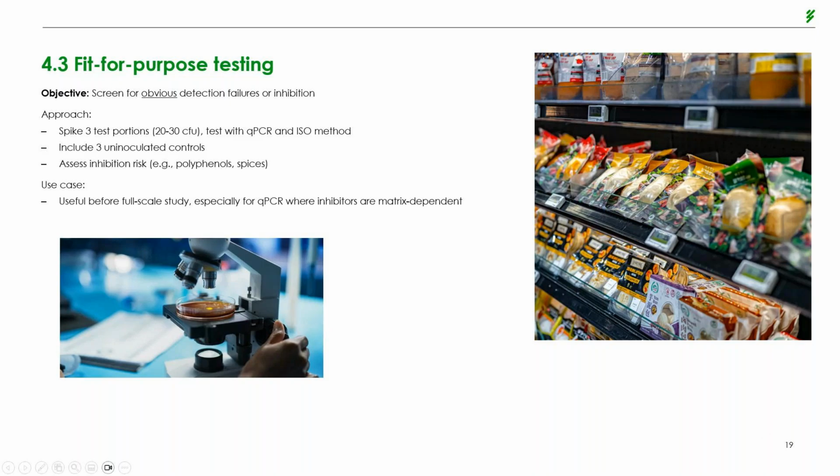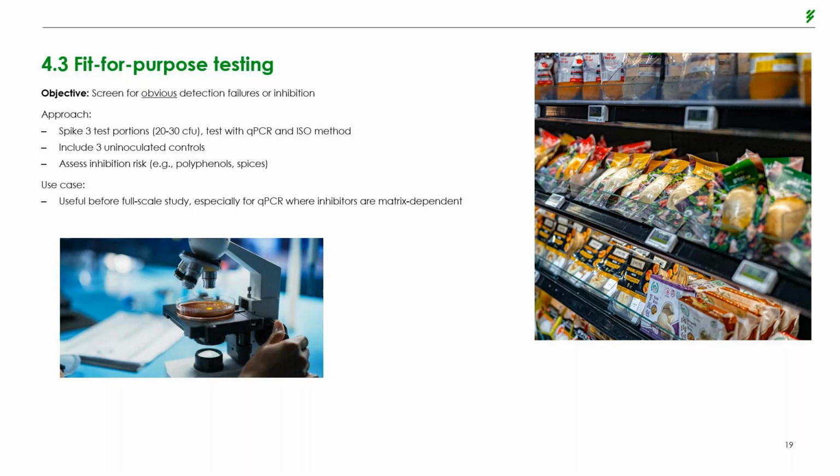These tests will determine whether the enrichment protocols required by the new alternative method allow the development of the target microorganisms at very important detection levels. This is what we want. And whether there are any obvious effects of the matrix that might interfere with the chemistry or even with the technology of the method.